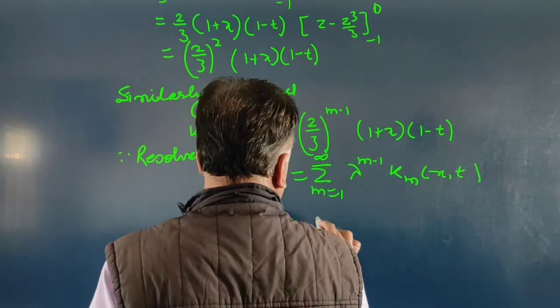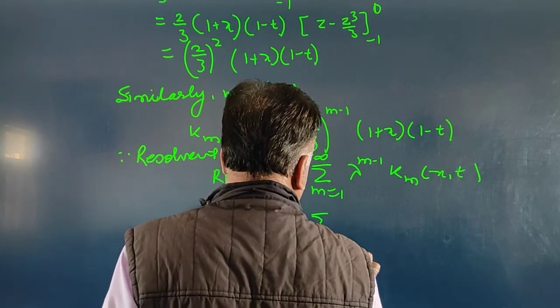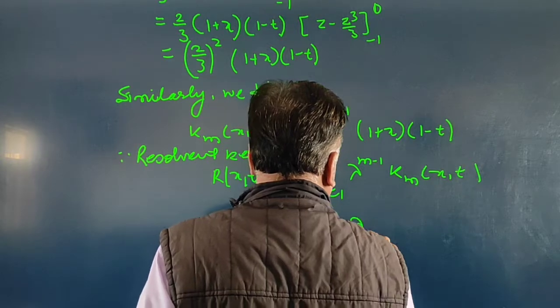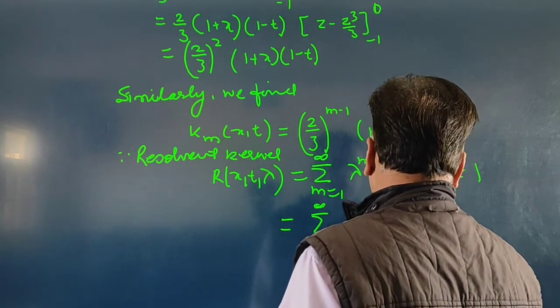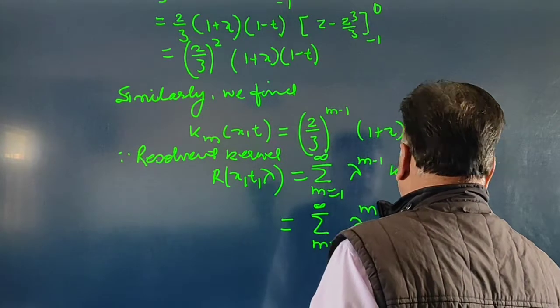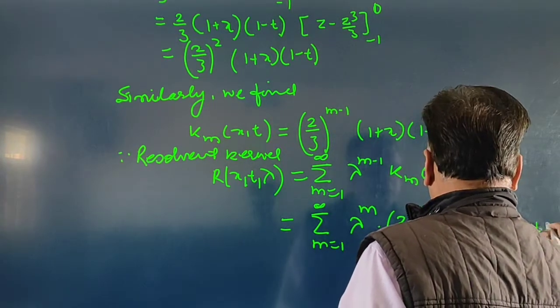If we put these values, this is the summation m equals 1 to infinity of lambda raised to m into km(x,t), which is (2 by 3) raised to m minus 1, (1 plus x) into (1 minus t).